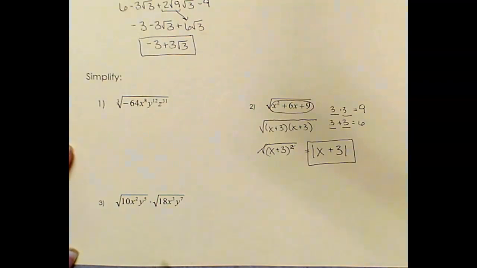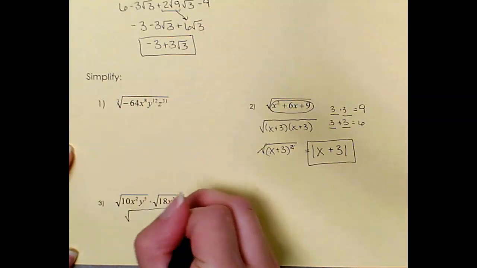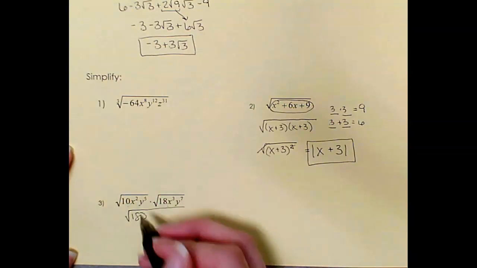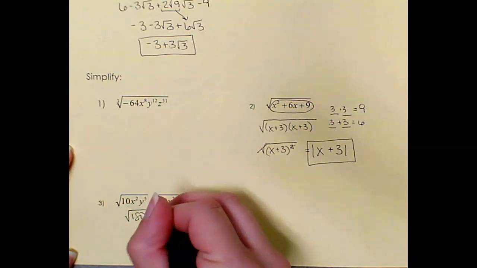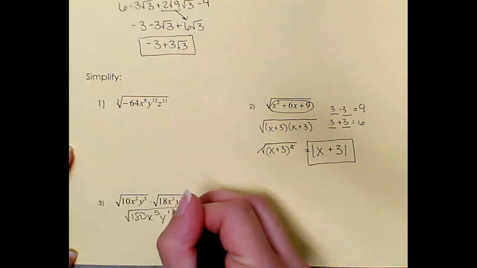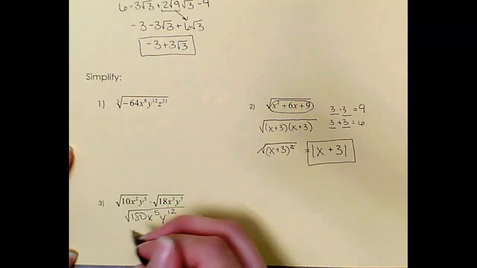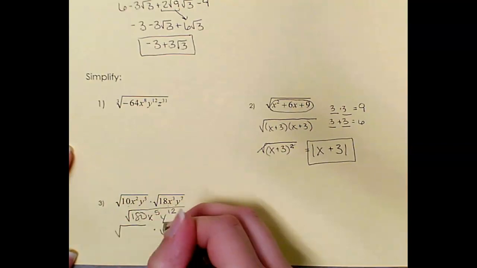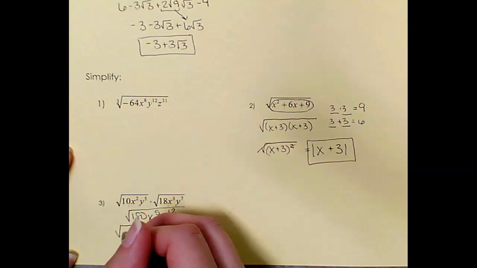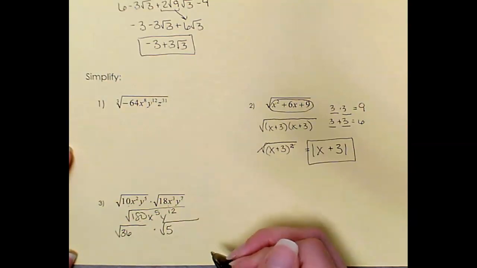And then finally, last question today. You can do this a couple different ways, but I might multiply these two together and then re-break them apart. So 10 times 18 is 180. 2 plus 3 is x to the power of 5. 5 plus 7 is y to the power of 12. I'm going to break this up into perfect squares and the leftovers. I'll go ahead and tell you that 180 is divisible by 36, and it's 36 times 5.